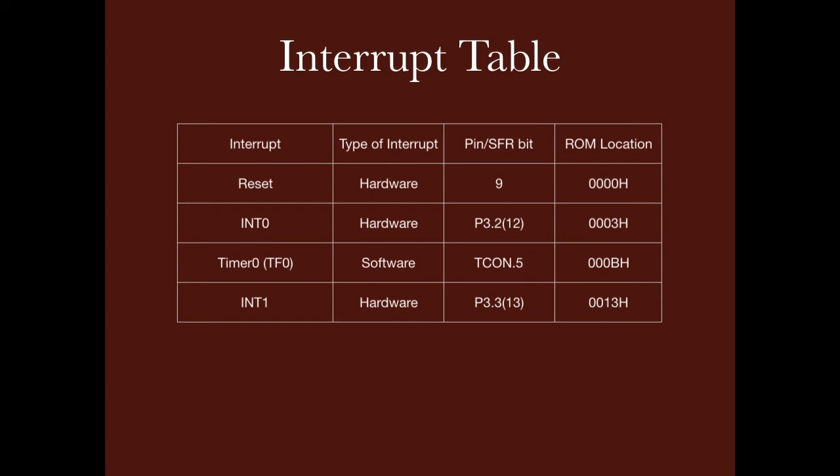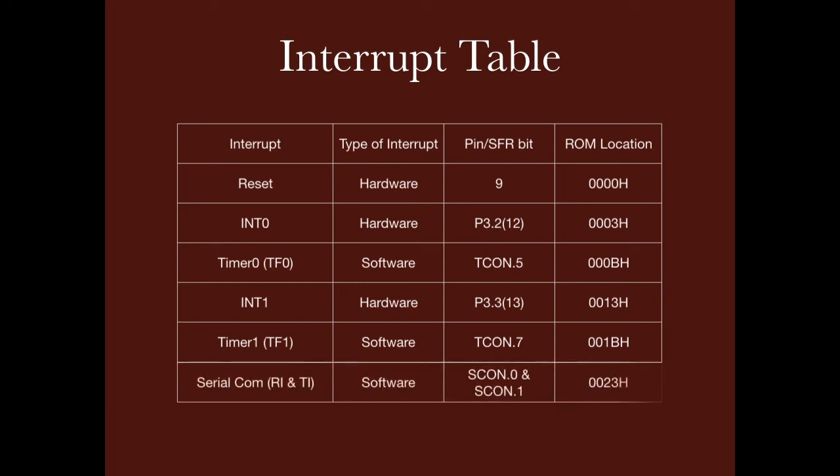It is available on pin number 13, which again belongs to port 3. Next is the timer 1 interrupt, which is similar to timer 0. That is, it is a software interrupt, and this interrupt is generated whenever timer 1 reaches its maximum value, and it is stored in the 7th bit of the TCON register. The controller jumps to 001BH location whenever it receives this interrupt.